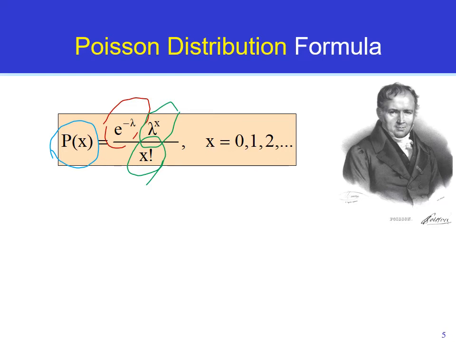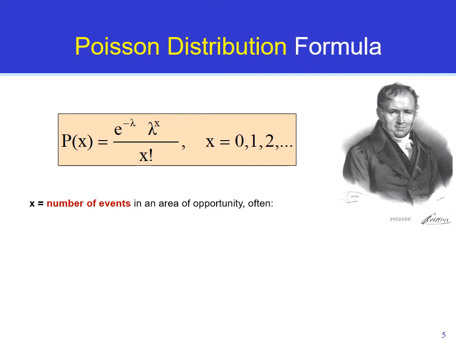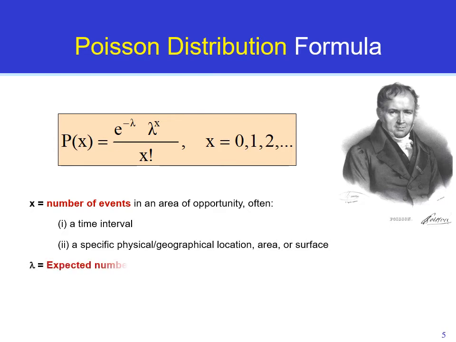All right, so let's see what these components of e and lambda are here. X is the number of events in the area of opportunity, often called successes here. The area of opportunity could be a time interval, or a specific physical or geographical location, such as an area or surface. And lambda is the expected number, or the mean, the average of events.